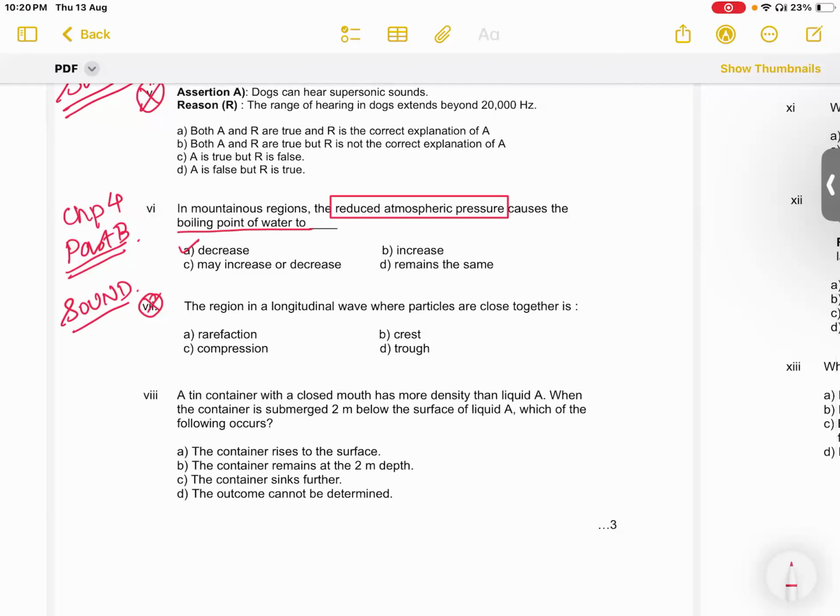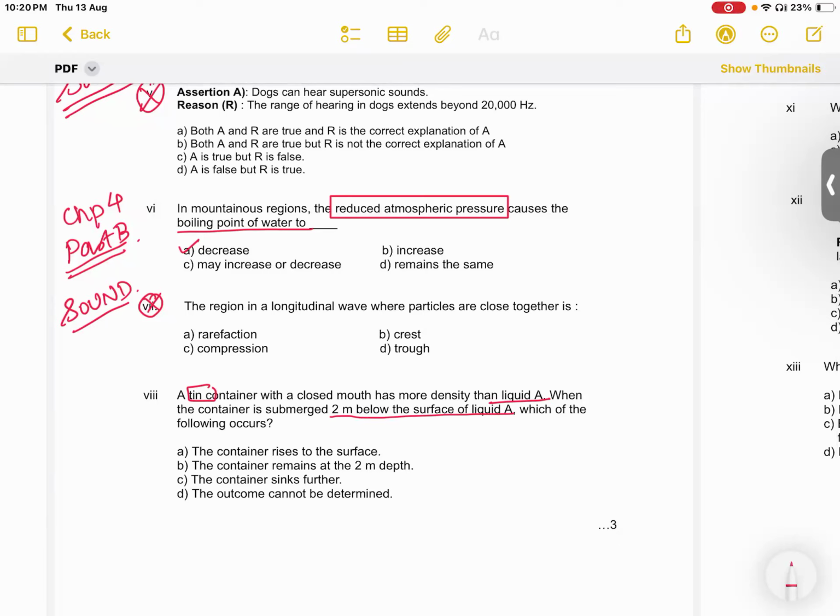Question number 8. A tin container with a closed mouth has more density than liquid A. When the container is submerged 2 meters below the surface of liquid A, which of the following will occur?